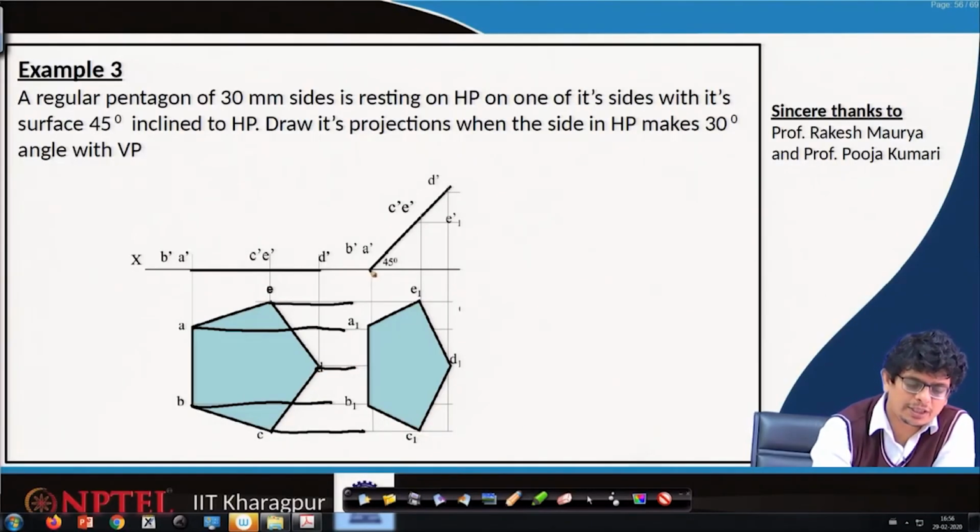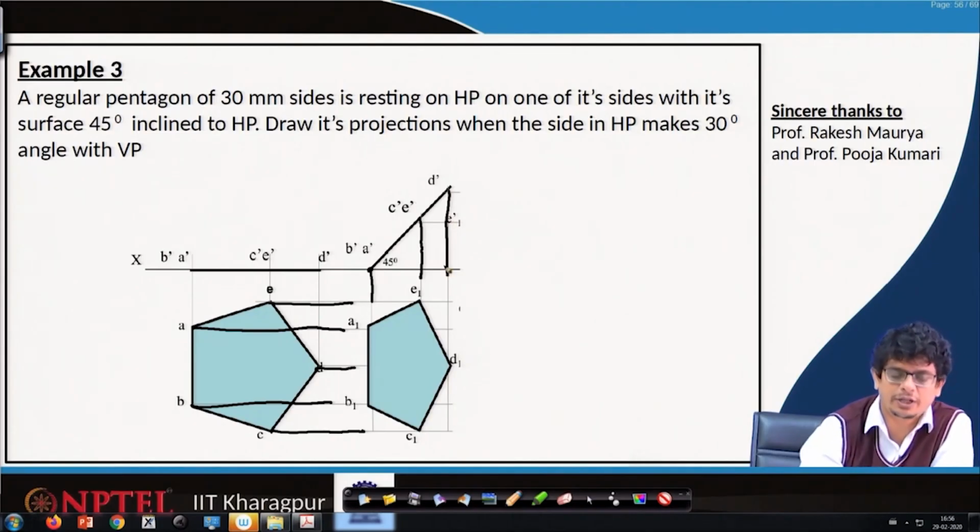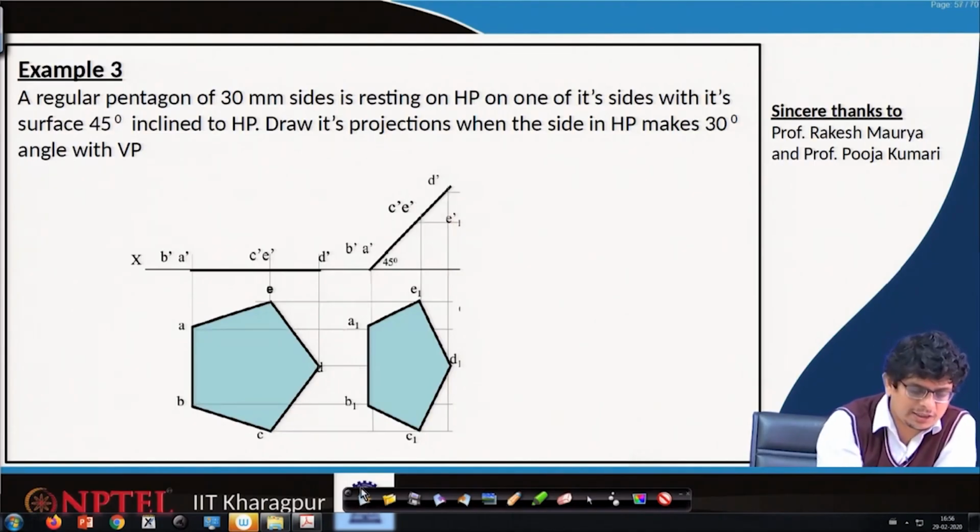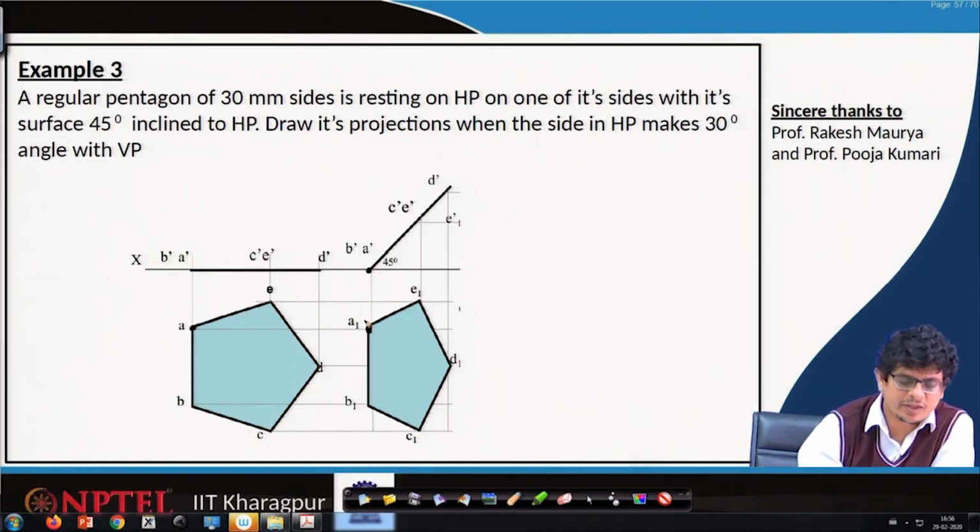These are mapped respectively to A prime, C prime, E prime, D prime points. For example, A point goes onto this projected line, A prime also goes onto that projected line. Next B1 is projected to that and B prime is also projected there. In that way, we will be in a position to construct this pentagon.